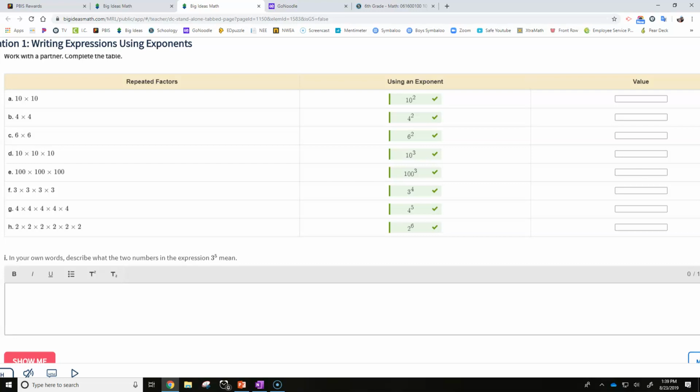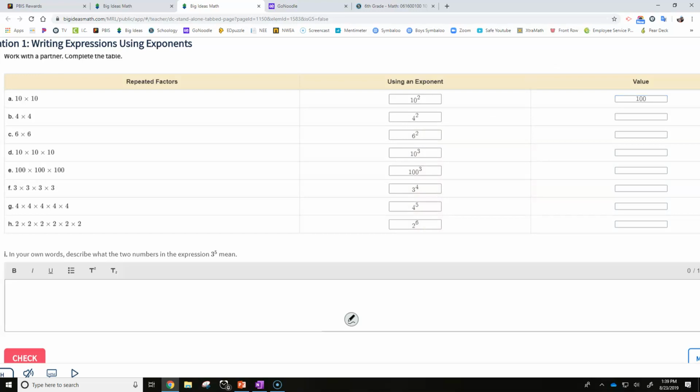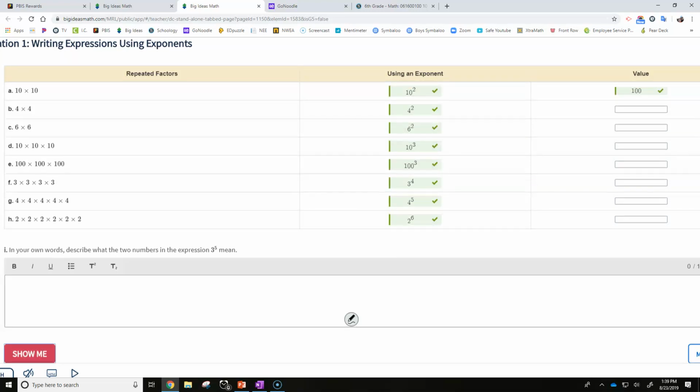What's the cost? So if I have repeated factors and it says 10 times 10, well, instead of 10 times 10, I said 10 to the second power. I'm going to tell you that 10 to the second power is worth 100. I'll check it just to make sure I did it right. My answer is correct.